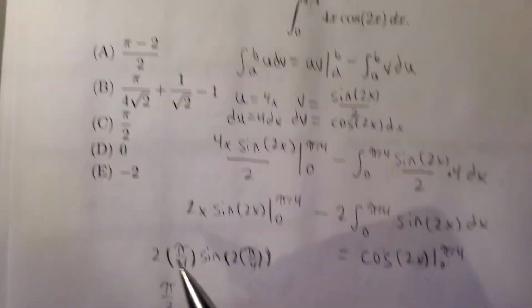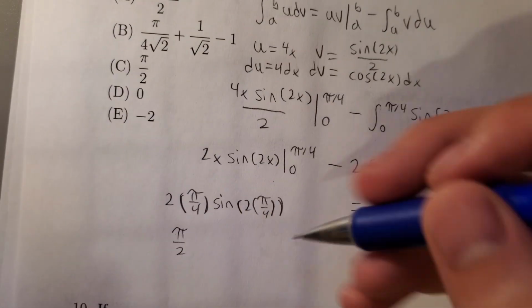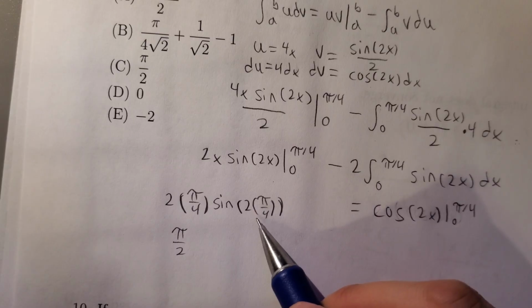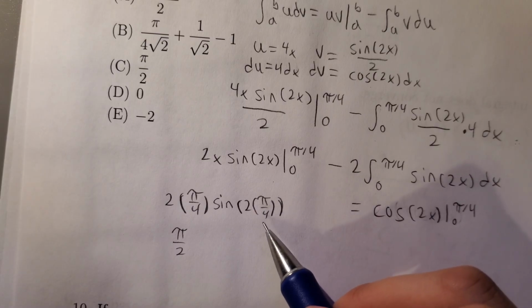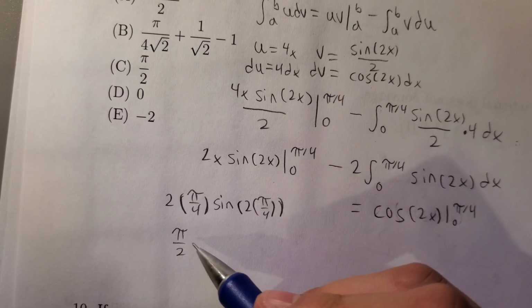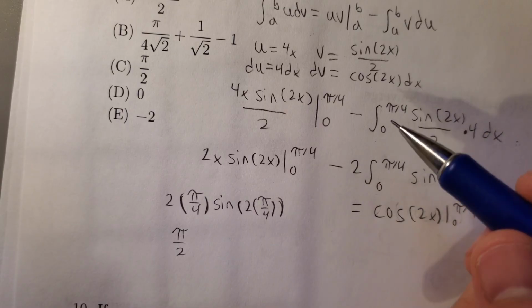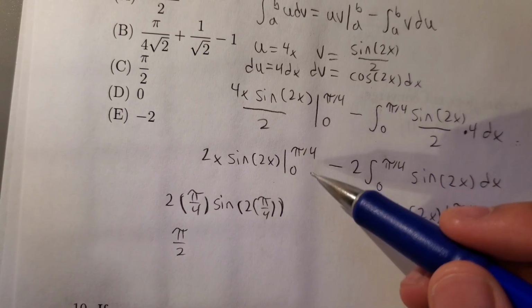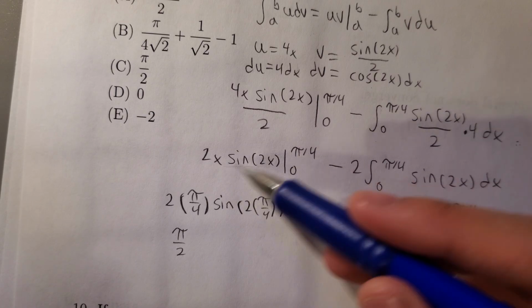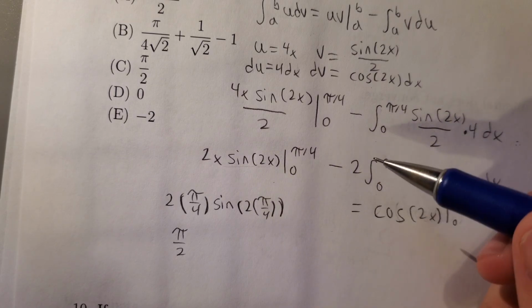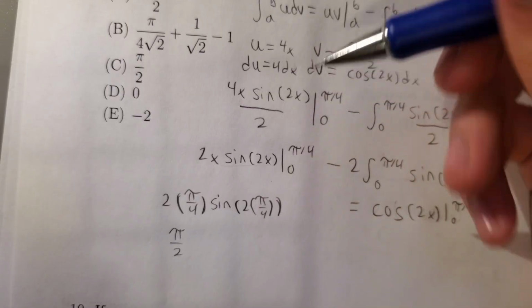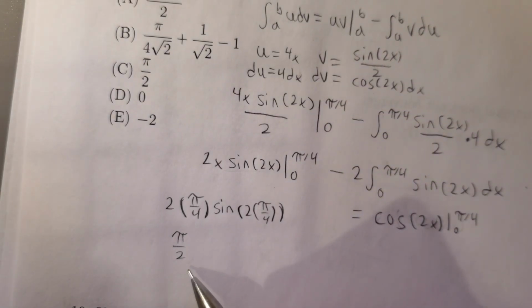This simplifies to pi over 2. And this also simplifies to pi over 2. And sine of pi over 2 is just 1. So this just simplifies to pi over 2. And for the second part, for 0, 2 times 0 is 0, so this entire thing is going to become 0. So we know that this entire thing simplifies down to just pi over 2.